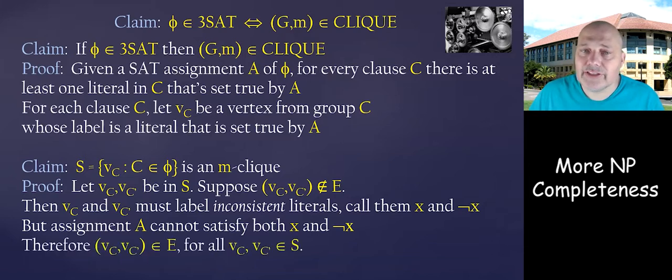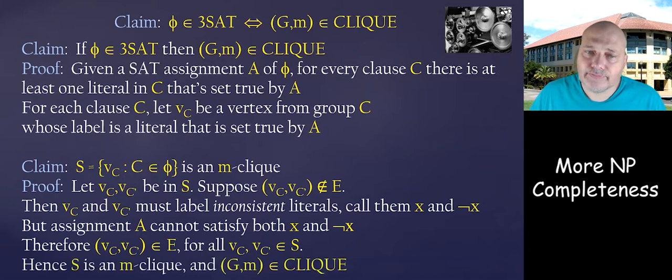So v_C and v_C' have an edge for every two vertices in S. So this is a clique and its size is m, because we have a vertex for each clause and there are m clauses. So if phi is in 3-SAT, we can conclude that G_m is in CLIQUE.